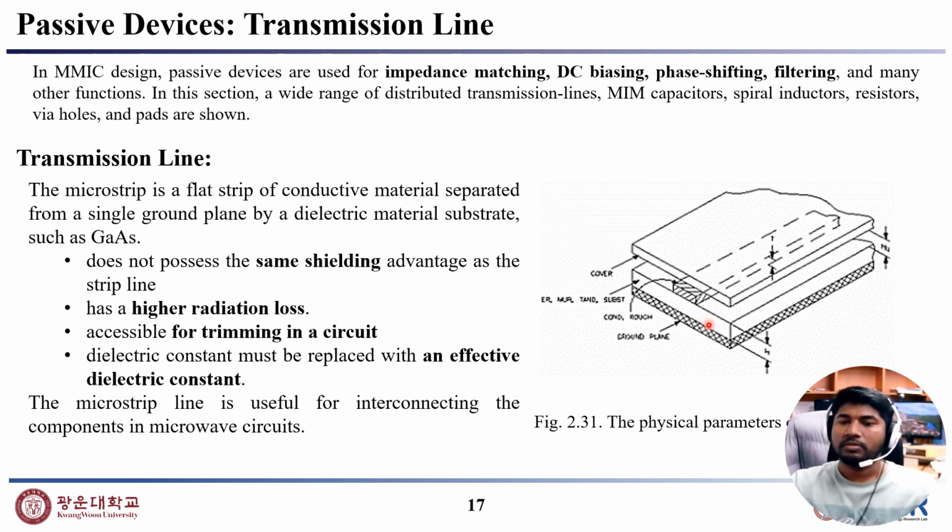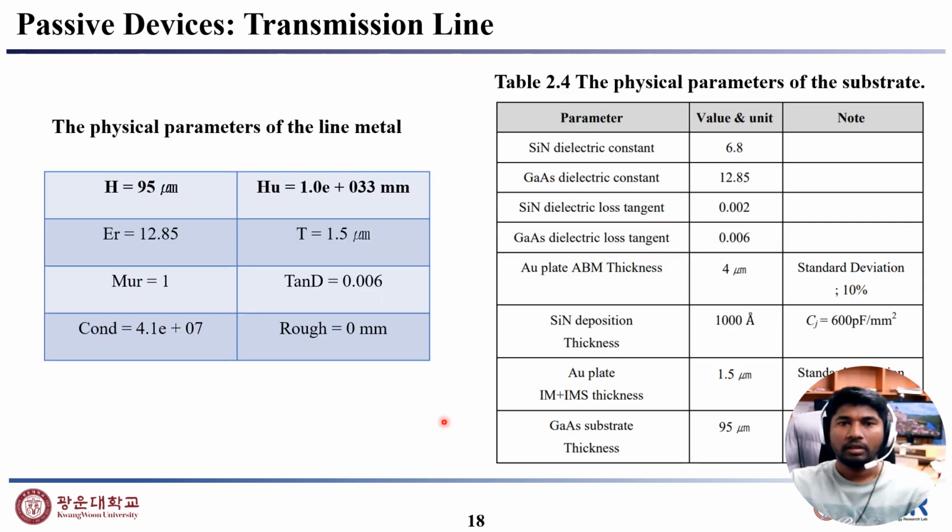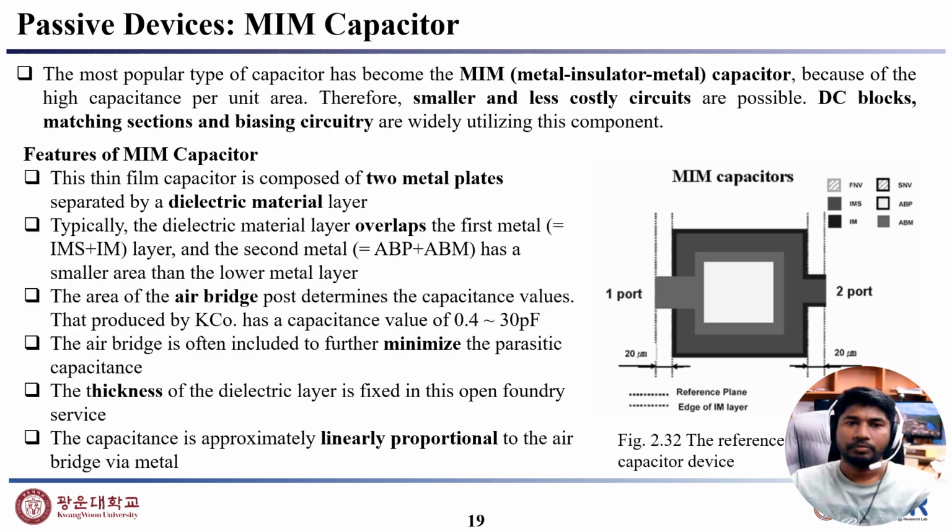Dielectric constant must be replaced with effective dielectric constant, and this microstrip line is useful for interconnecting the components of microwave circuit. Here the physical parameters of line metal and the physical parameters of substrate are tabulated just for information.